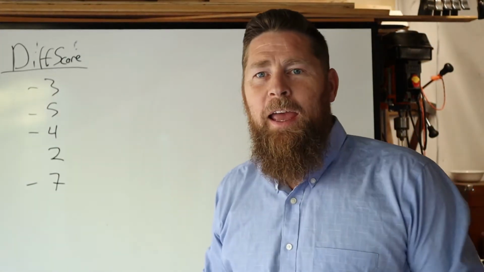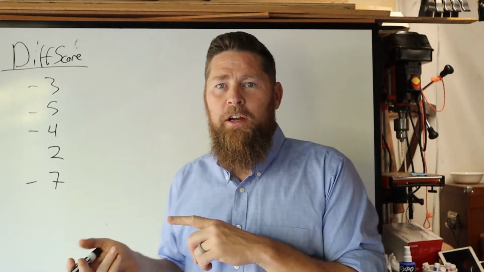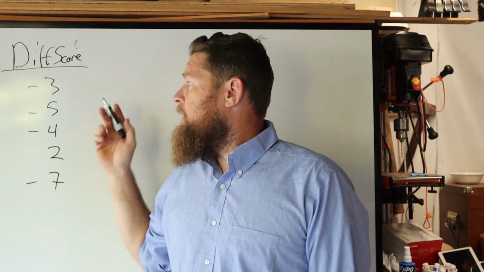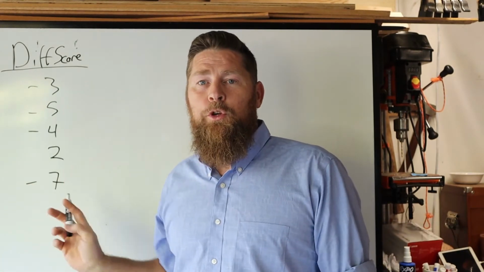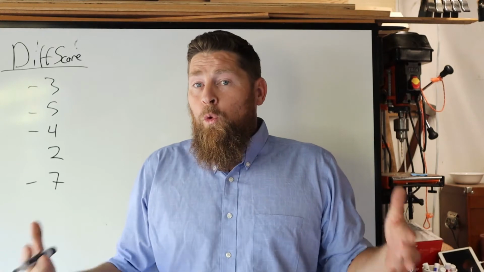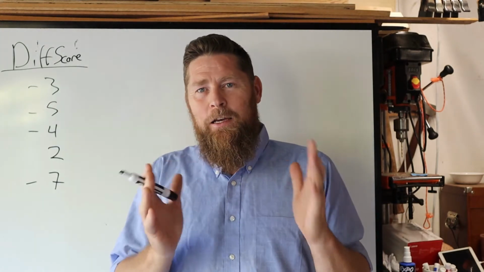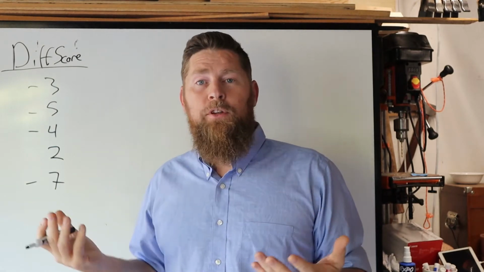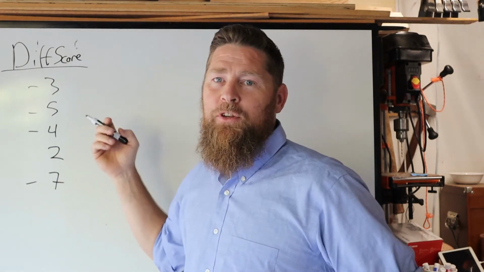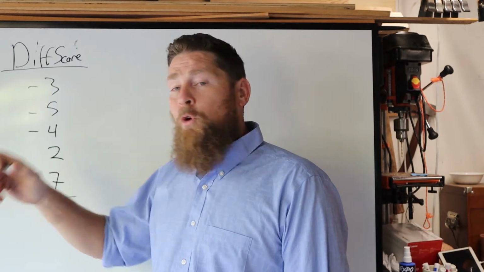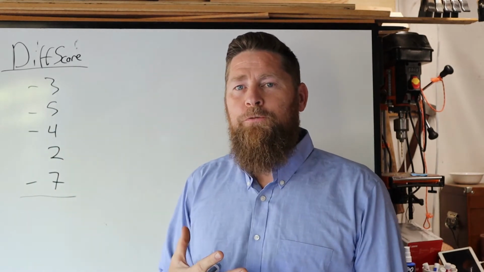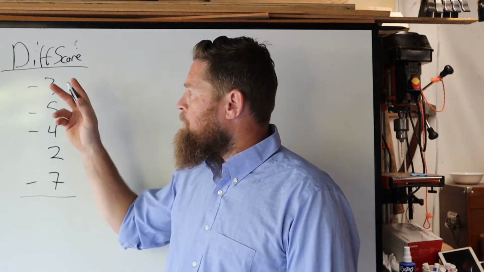I'm back, and I take those difference scores and I put them over here. Same difference scores: -3, -5, -4, 2, and -7. Now that we've done the difference measurements, we're going to create an average difference, to see what the average difference is between before and after Professor Frizzie's Free Throw Shooting Academy.